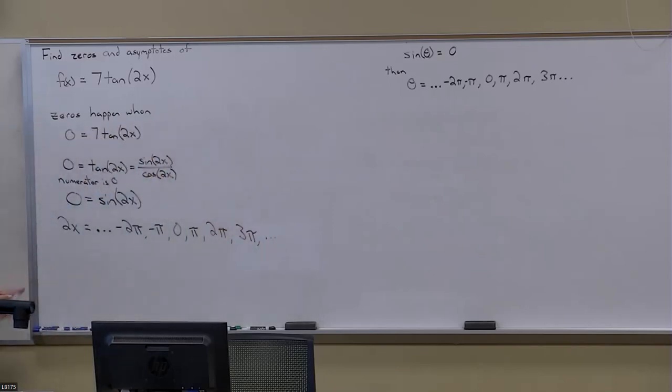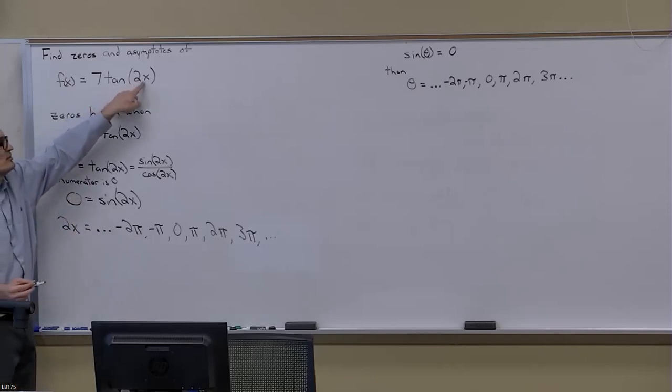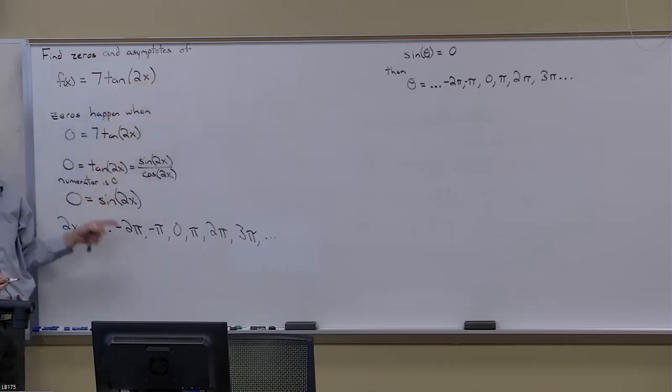And then going from 2x equals all of these to x equals something, I just have to divide everything by 2. You can imagine if your argument was more complicated, like 2x plus 5, you would subtract 5 and then divide by 2, right?